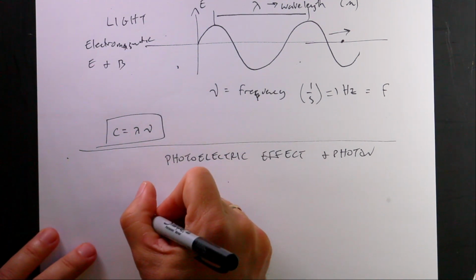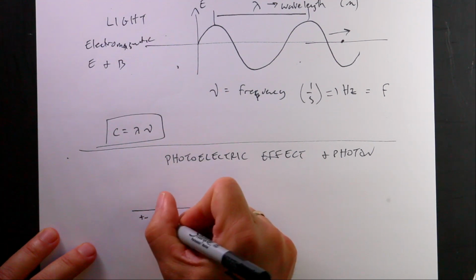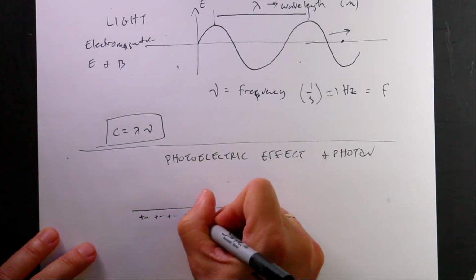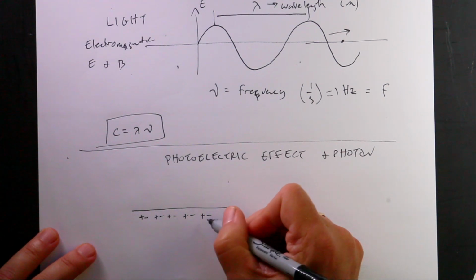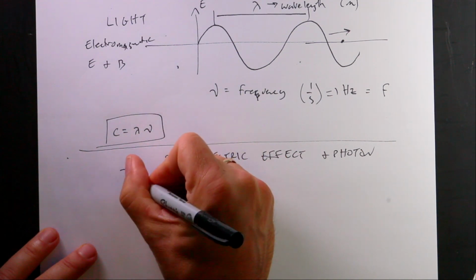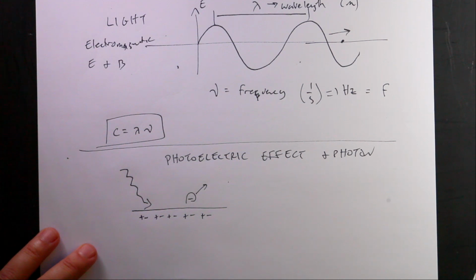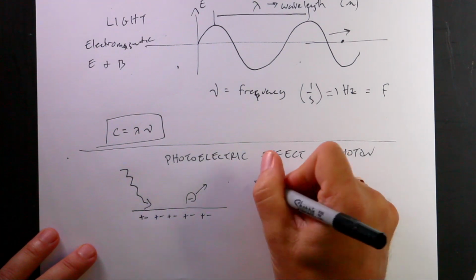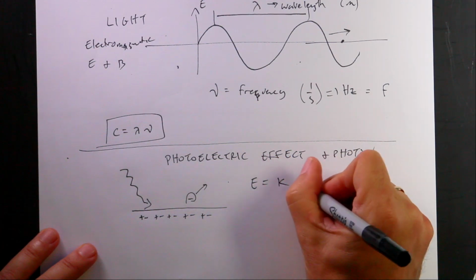And the idea is this: if I have some metal and it has positive and negative charges in there, it turns out that I can get these negative electrons to be ejected by shining light on it. There's my light. And there is energy in the light, and it turns out the following is true. The energy of the light is equal to K plus phi.